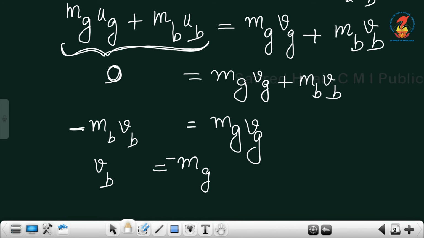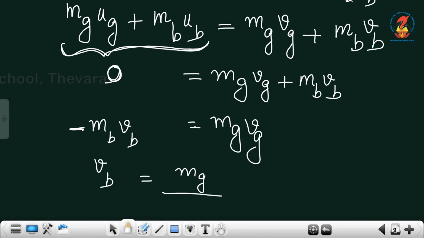It was MB into VB, so when MB moves to the other side, it becomes divided by MB. So VB is equal to minus MG divided by MB into VG.